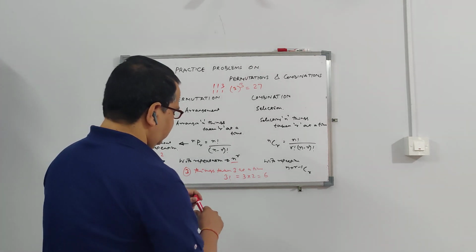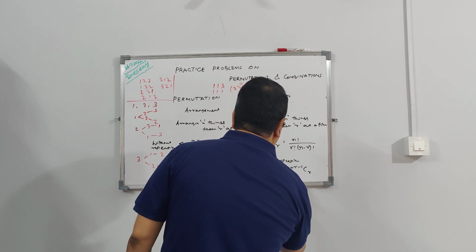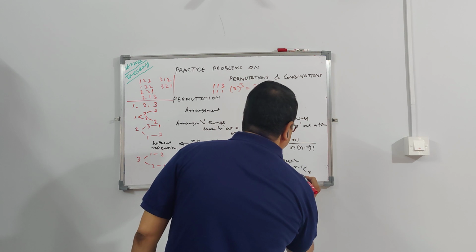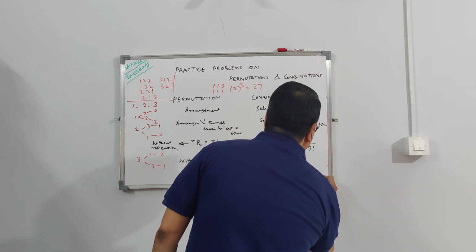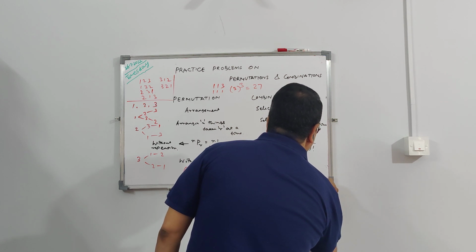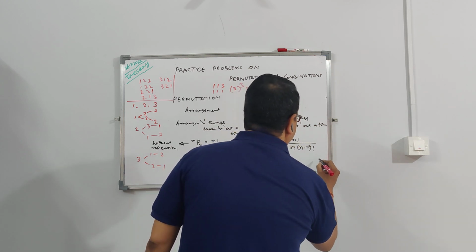Or you can write it as nPr, which is 3P3. This is arrangement. So 3 factorial by 3 minus 3 factorial, which is 3 factorial by 0 factorial, which is 1, so that is equal to 6.